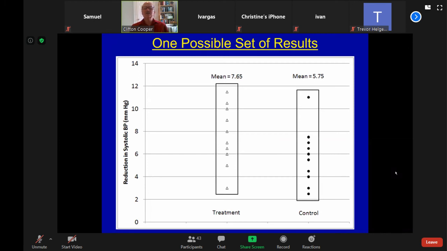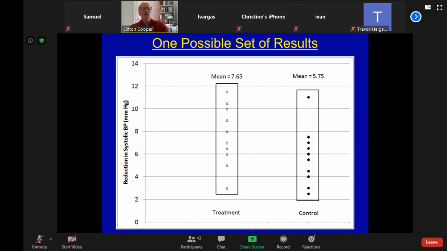So imagine this. I have here just a fake set of results. I just made these numbers up. But imagine we've got 10 people that we've given the treatment to. That's the drug we're trying to test. And we have 10 control people that we gave the control placebo to. And I've boxed the groups of points, so we get a cloud of points for each one.